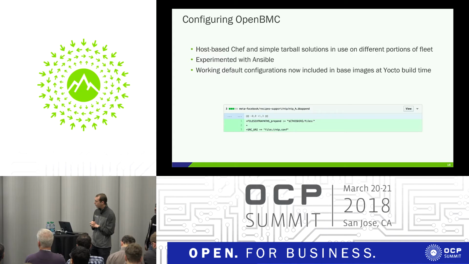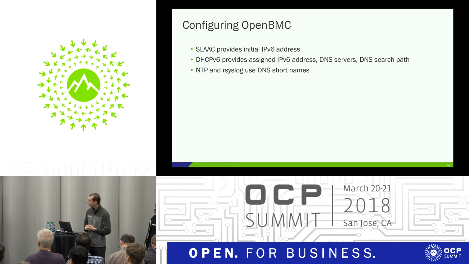But what I've been focused on for the past few months is how many working defaults we can include in the image that comes out of Yocto. For example, this NTP configuration bbappend, we just plopped in an NTP configuration file at build time that says NTP1, NTP2, NTP3, and with some DNS configuration information that DHCP delivers, the DNS search path can resolve to a local or regional NTP server.